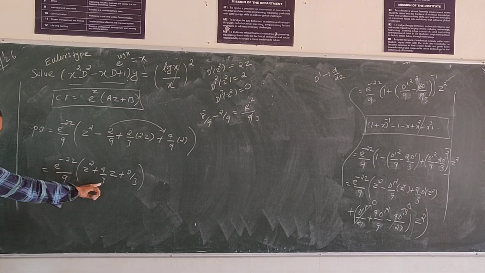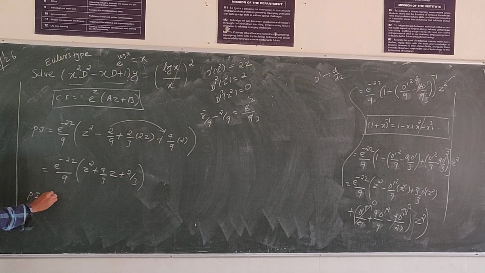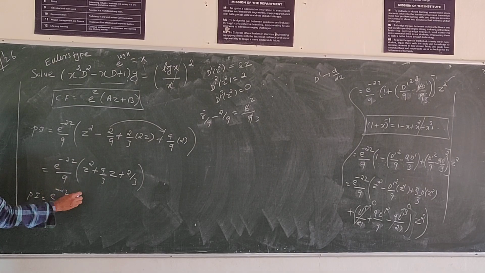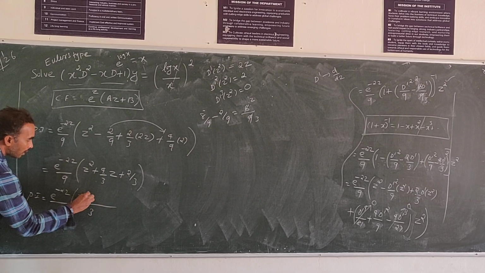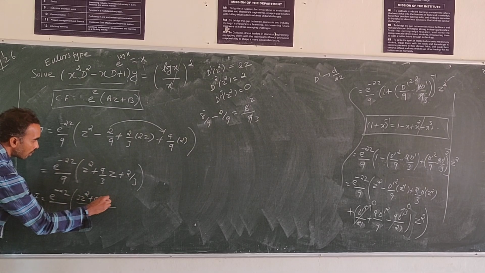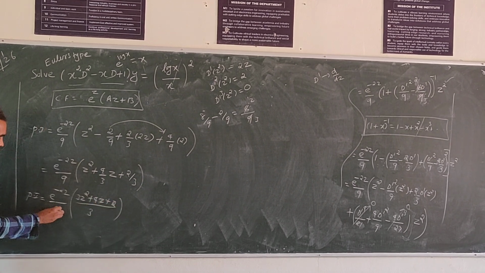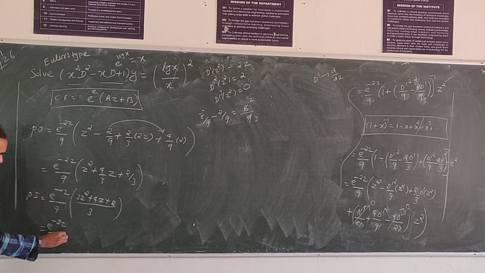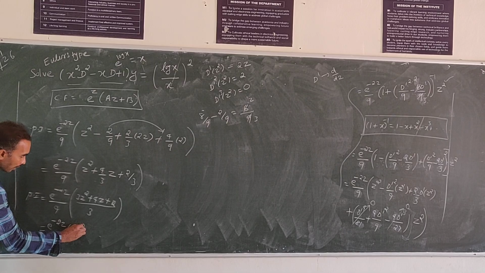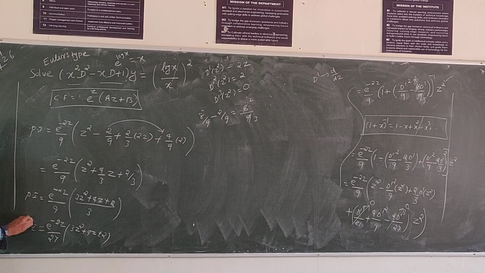In your book they have taken the LCM and moved to the next step also. So e power minus 2z divided by, take LCM 3, so 3z square plus 4 plus 4z plus 2, 9. So what is 3 into 9? 27. So e power minus 2z divided by 27, (3z square plus 4z plus 2). So this is the particular integral.